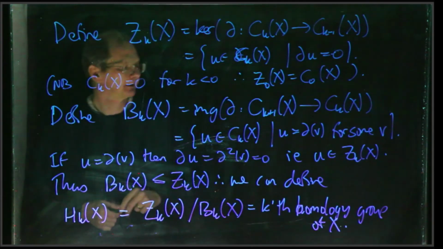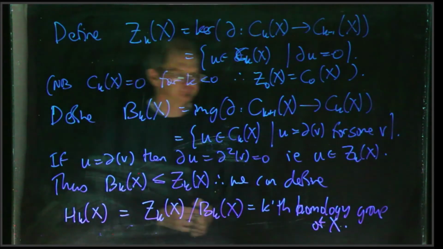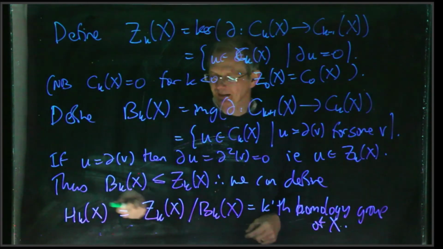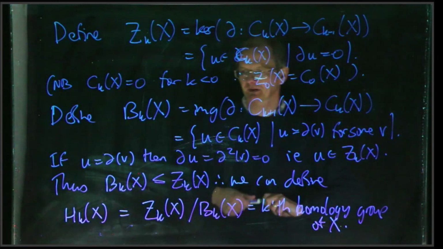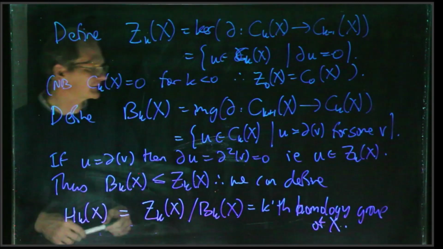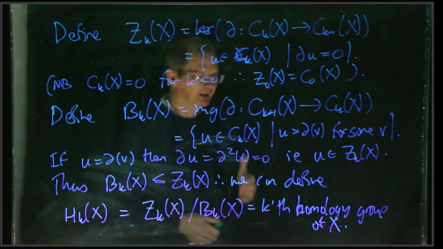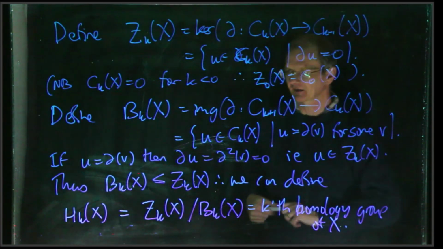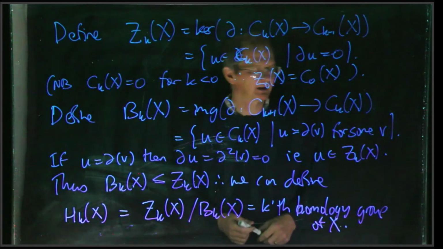We're not yet in a position to really prove very much about these homology groups, because their definition is quite complicated, and we need some extra theorems before we can really get started. But at least we now have a rigorous definition of this really key, important invariant in algebraic topology.